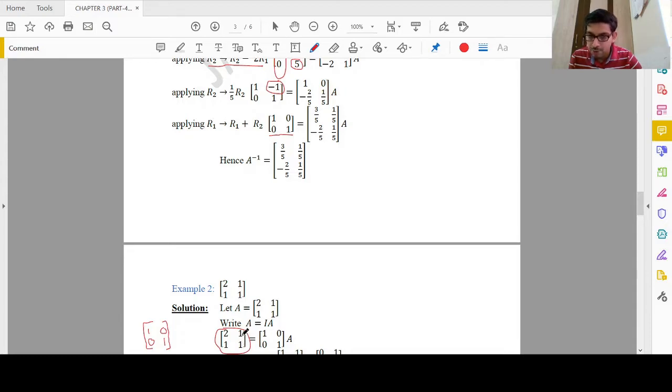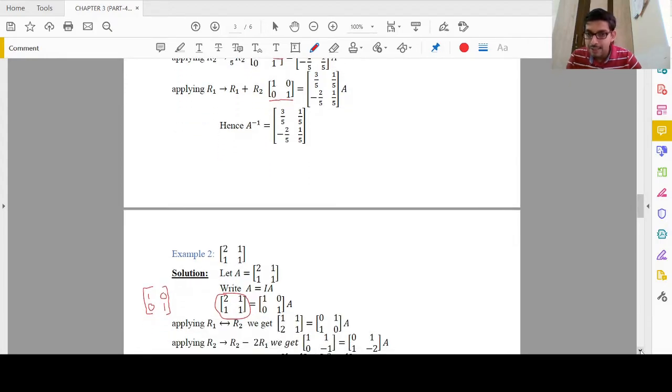Then again move to the column to make it 0. So here it is 2 comma 1, so it is not 1. So the simple transformation you can use is divide the complete row with whatever number is coming as the first element. So here it is 2 comma 1. So if I divide this, R1 changes to 1 by 2 R1, then I will get 1 by 2 here.